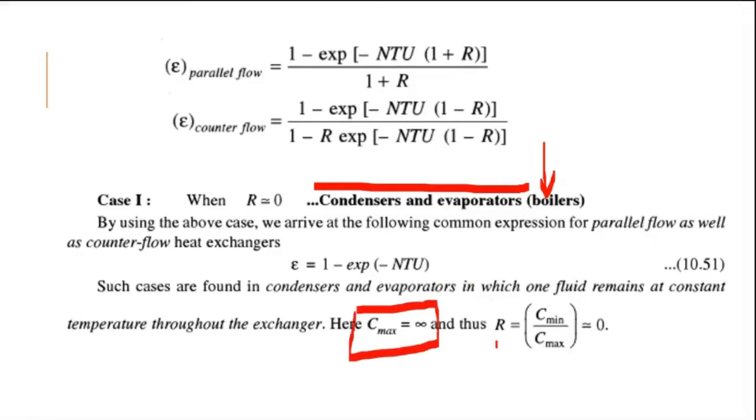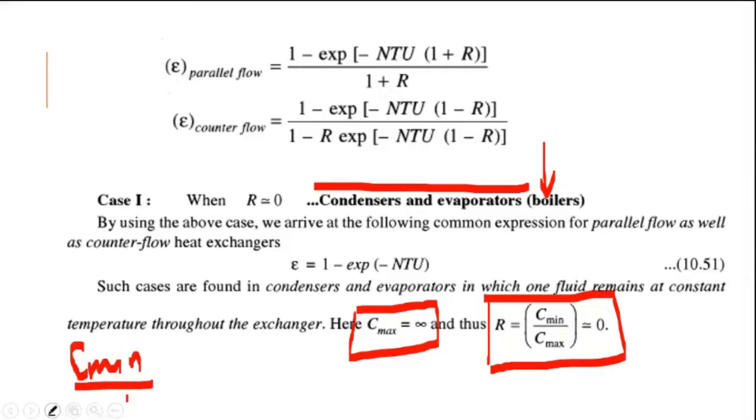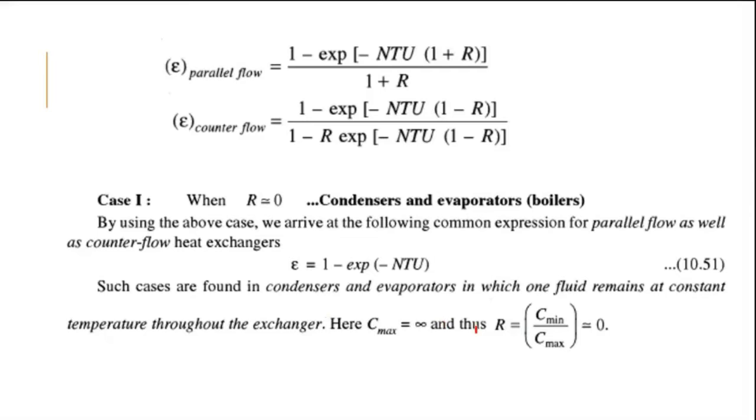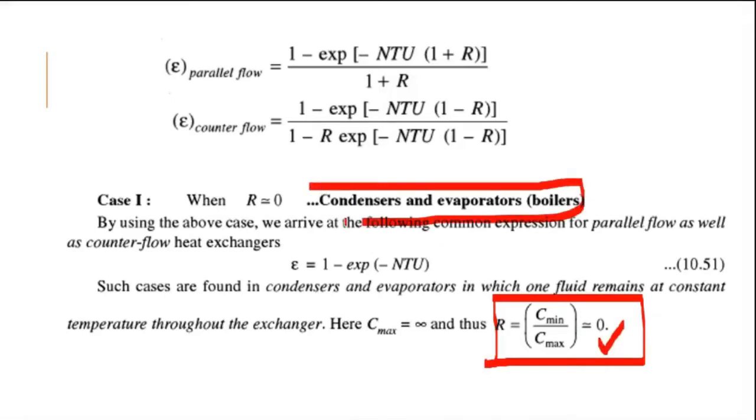If Cmax is equal to infinity, the capacity ratio capital R, that is equal to Cmin by Cmax, can be written as C minimum divided by infinity, which is nothing but 0. Can we write like this? Yes, sir. Okay. So here we get that the value of capacity ratio R is equal to 0 whenever we are using a condenser or an evaporator.